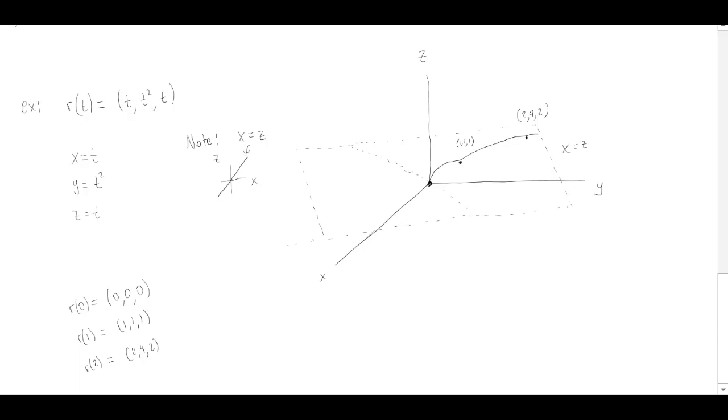So that's why it's going further out in the y direction as you go further up, if you will. Okay? And then we got the orientation from t equals 0, t equals 1, t equals 2. So that gives us the orientation going this way. All right? Okay, any questions about that?